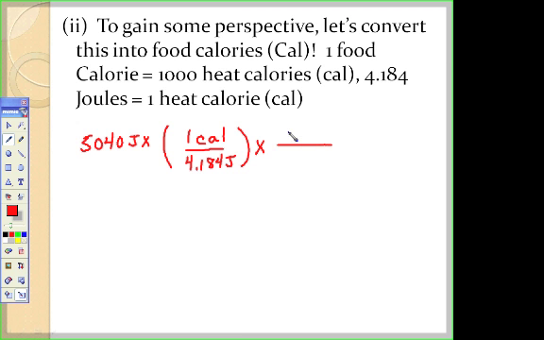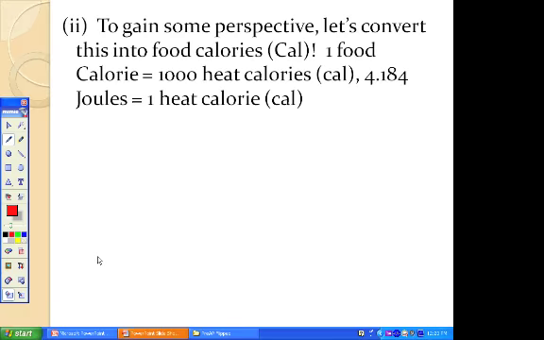And 1 food calorie, we usually use a capital C for that, as opposed to a lowercase, is 1,000 little calories, energy calories. If we did this, that amount of sugar is only equal to 1.20 calories in terms of food. Okay? That really wasn't very much. 0.303 grams of sugar is a very, very tiny amount of sugar.